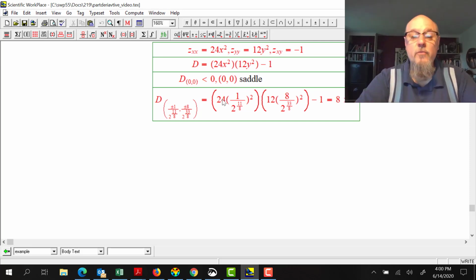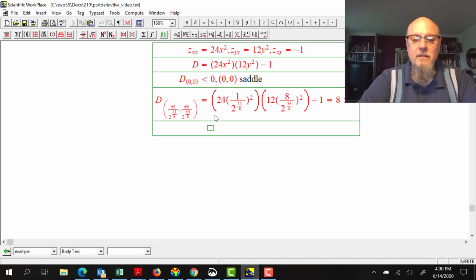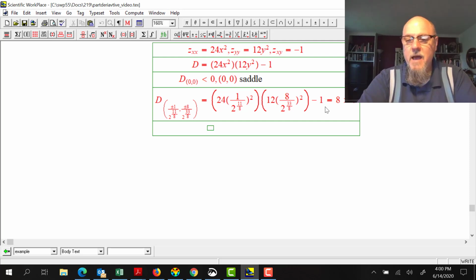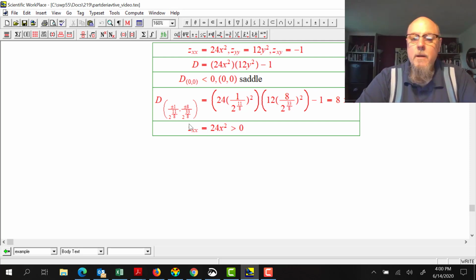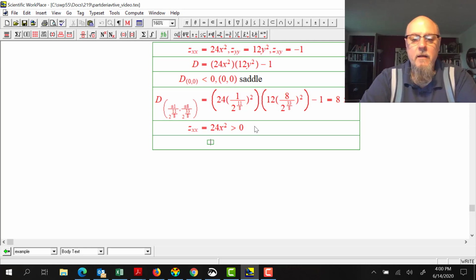That means that these critical points are either maximum or minimum. So I've got to check the second derivative evaluated at these points. The second derivative is positive, concave up. So those are minimum. Now those are both minimum, and 0 is a saddle.